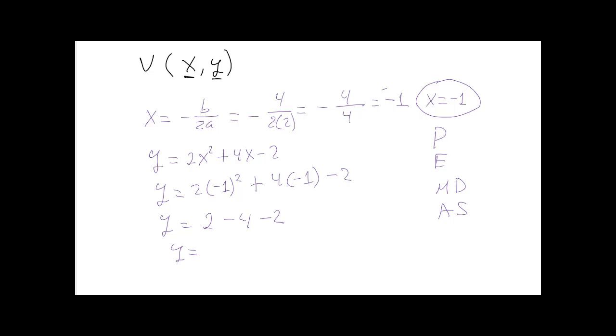Then the value of y is minus 4 minus 2 is minus 6, plus 2 is minus 4. We already found the two coordinates of my vertex, the value of x, which is negative 1, and the value of y, which is negative 4.